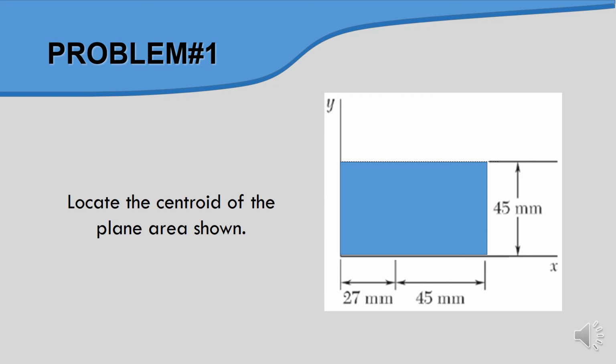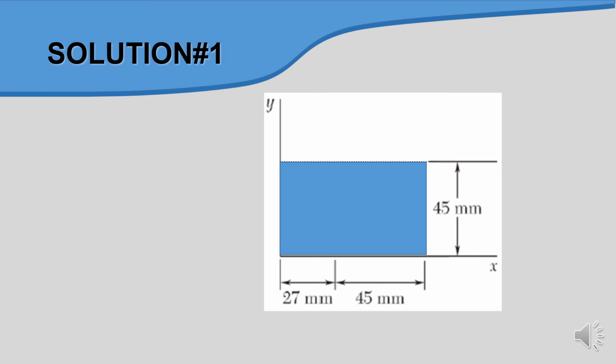In order to get the value of the centroid, just use symmetry at the x axis and y axis. That means we just divide the value by 2 for each axis, and finally we will get x bar equal to 36 mm. For y bar, we get 22.5 mm. So this is very basic.